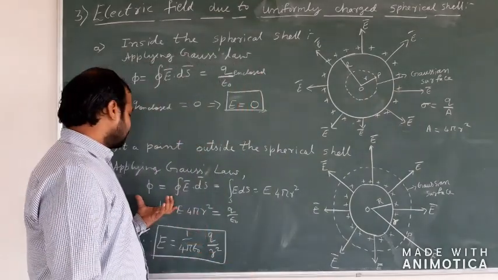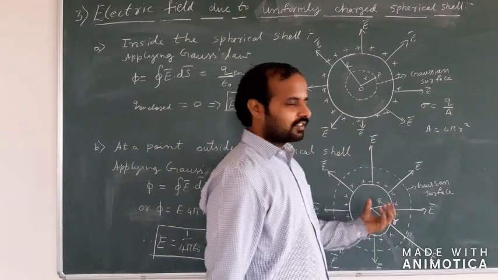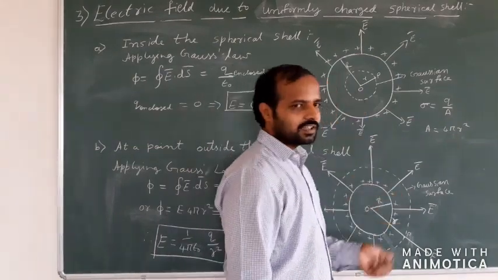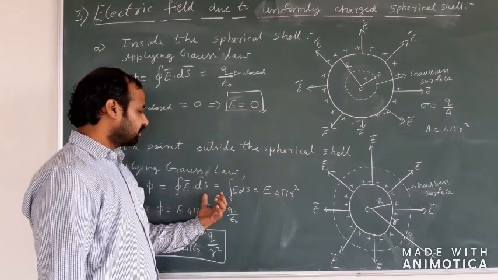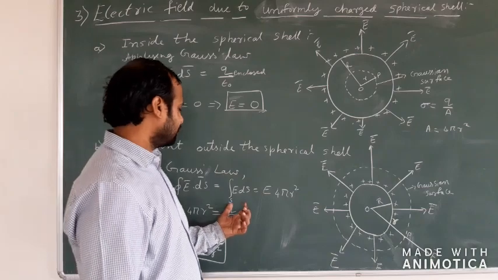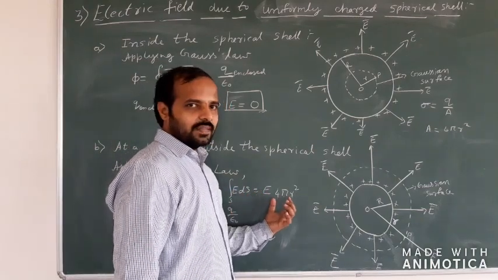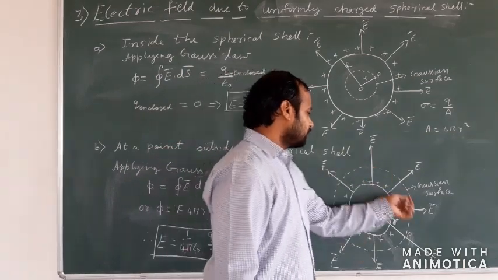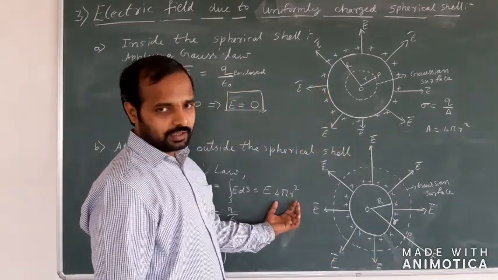The net electric flux through the Gaussian surface due to the charges on this spherical shell will be φ = ∮E·dS, or the integral over the surface area of E dS, which equals E times the area of the Gaussian sphere, that is 4πr².